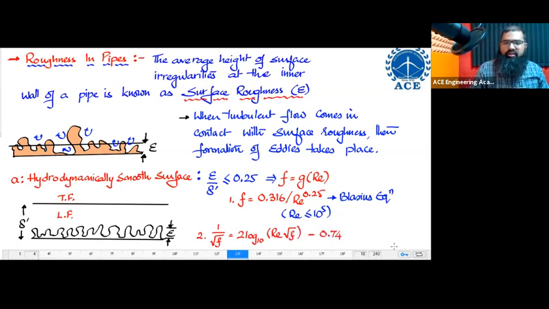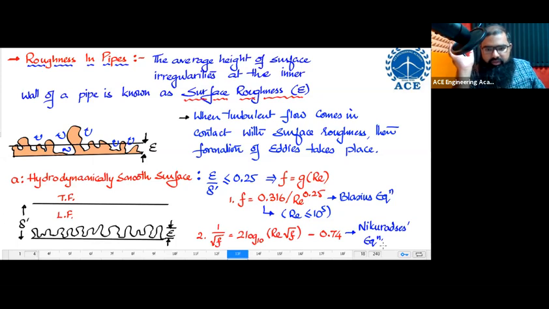This is known as Nikuradse's equation, and it is valid for any Reynolds number. So these two formulas you are supposed to remember in the case of hydrodynamically smooth surfaces.